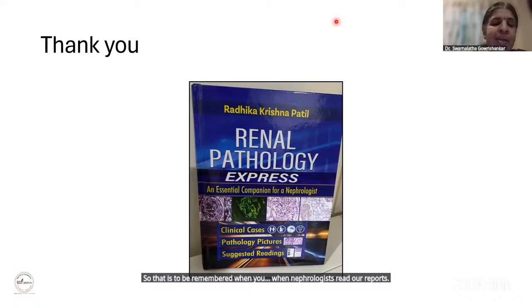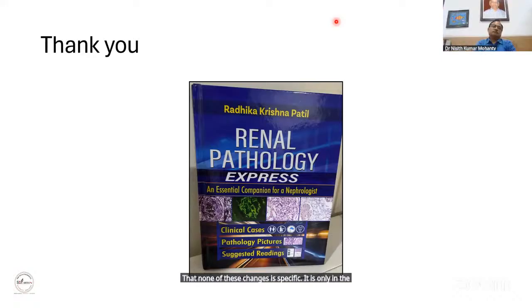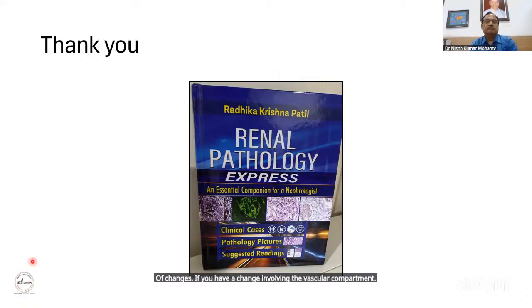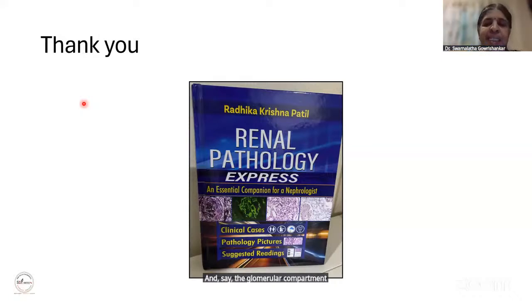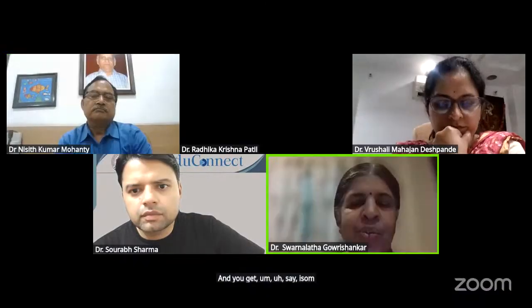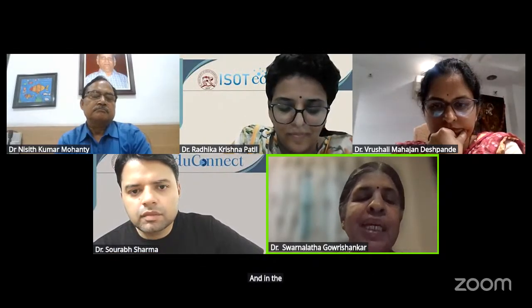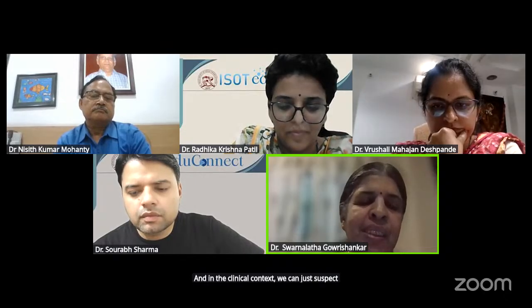It is only in the clinical context and sometimes just a combination of changes, involving the vascular compartment and the glomerular compartment, or vascular and interstitial. For example, if you get peripheral nodular hyalinosis and you get isometric vacuoles or tubular calcification, in the clinical context we can just suspect a CNI toxicity.